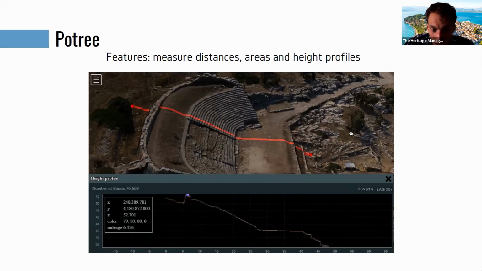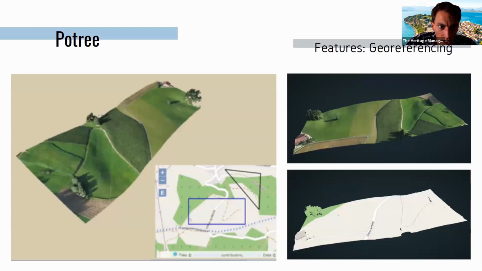And an interesting feature here as well is that if you allow the end user of your 3D visualization to do so, you can also allow them to export a profile, in this case as a comma separated file or as a point cloud. So just point cloud extraction from profiles. That's also possible in this case. This is also quite a cool feature.